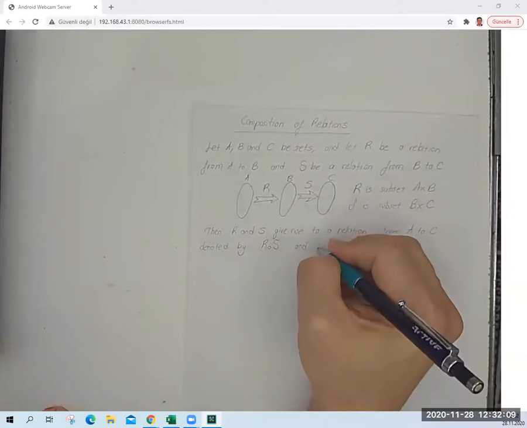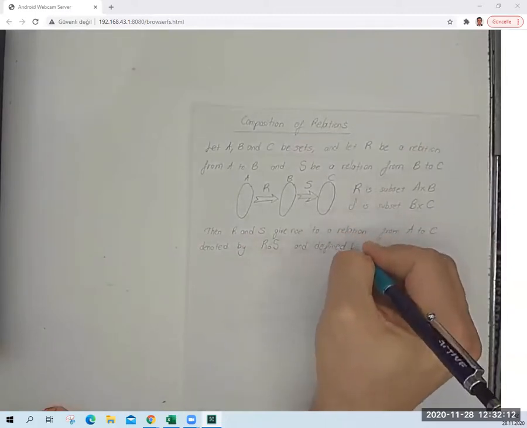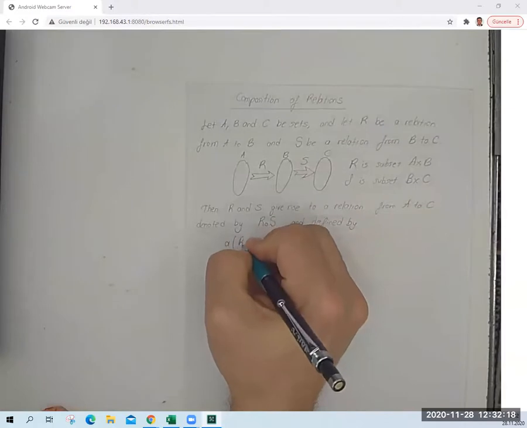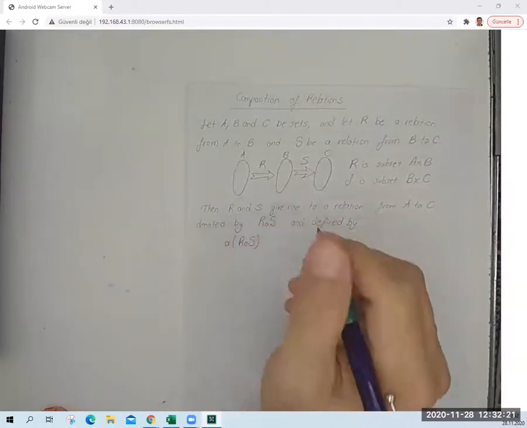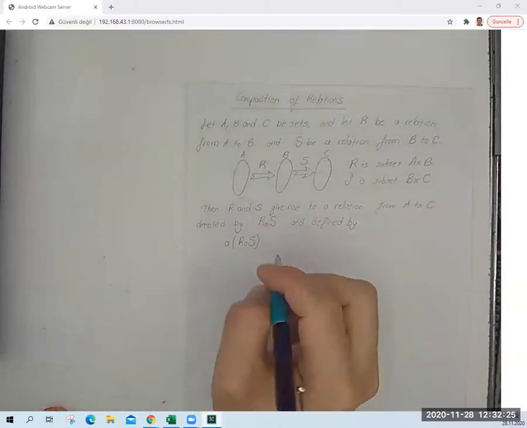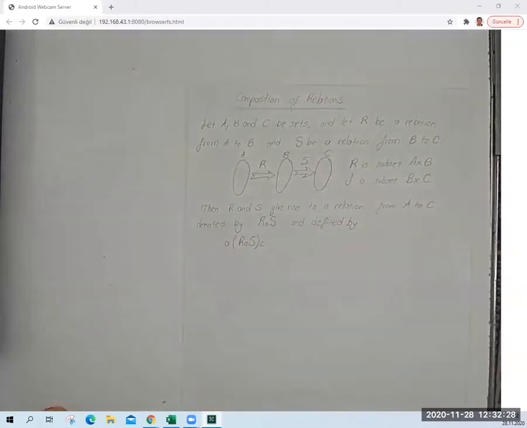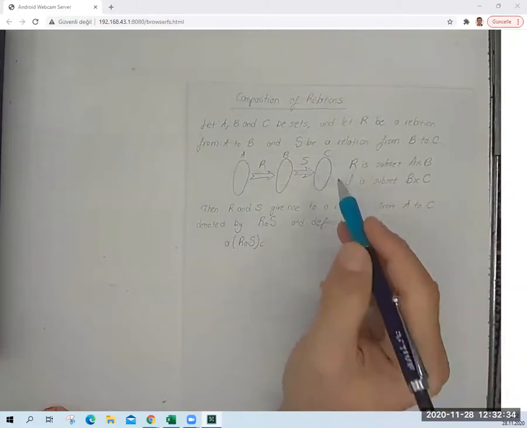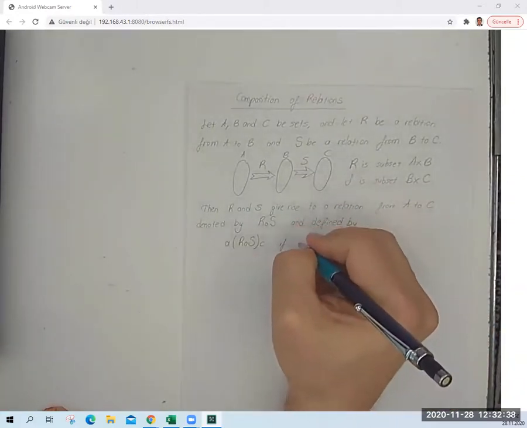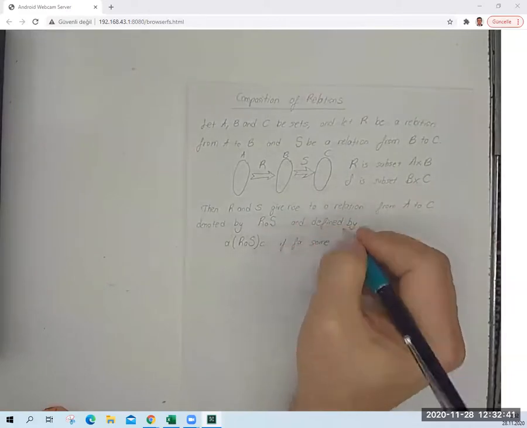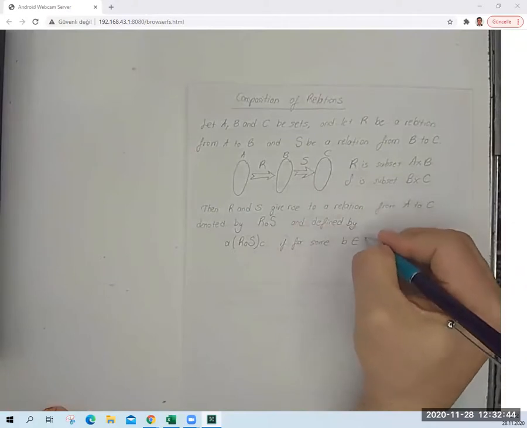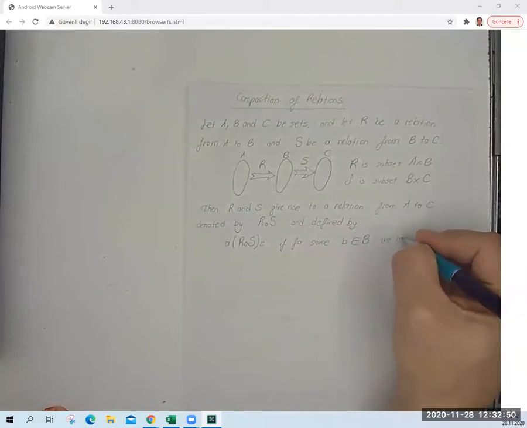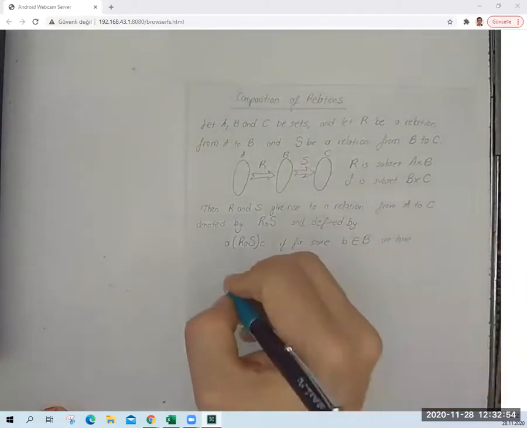And it is defined by R composition S. If I have an A to C relation, with A inside set A and C inside set C, if for some B that is a member of set B, we have A related to B by relation R, and B related to C by S, I'm sure you will get the meaning.